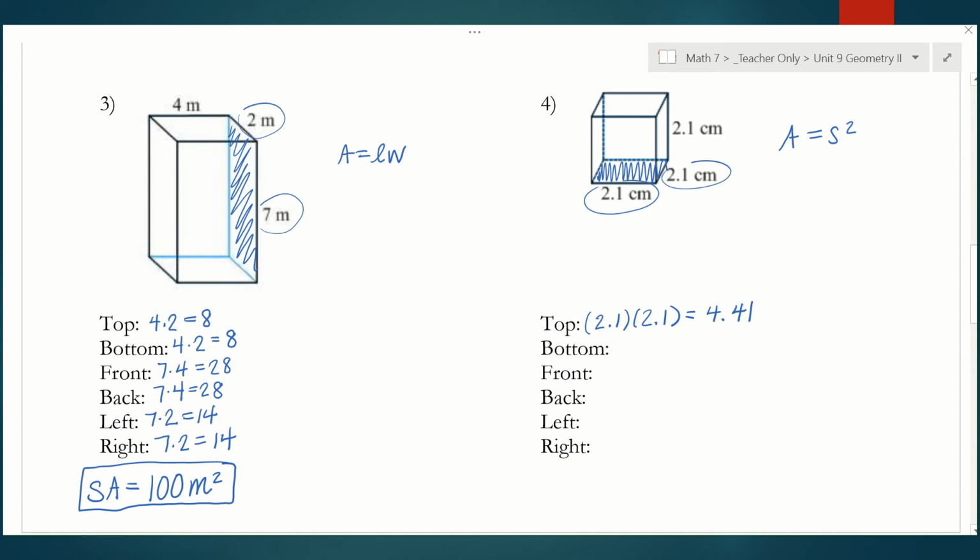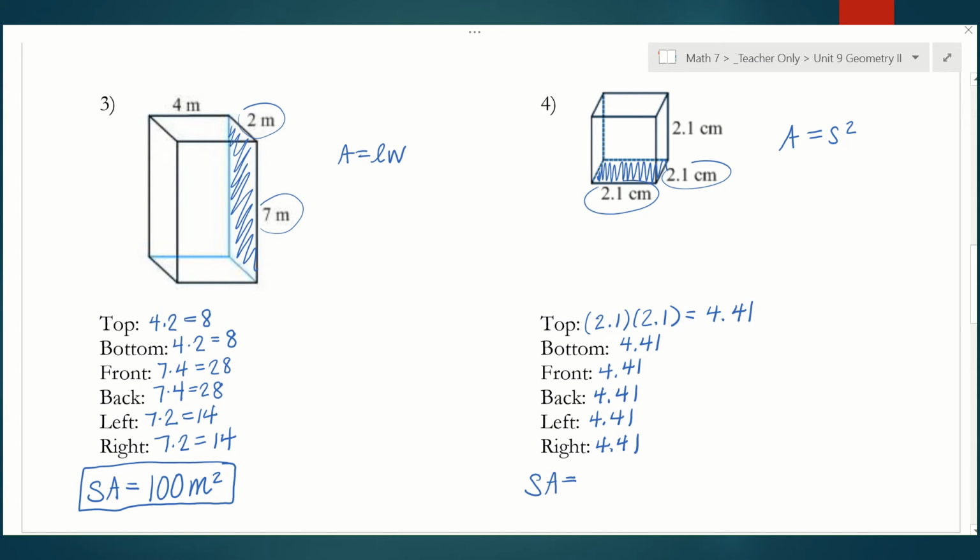And like we saw in example 2, in a cube, all of the faces have the same area. So once you find one, don't hesitate to just show me all the rest are the same. As long as you showed me how you got that 4.41 in the beginning, I'm okay with you writing that out.